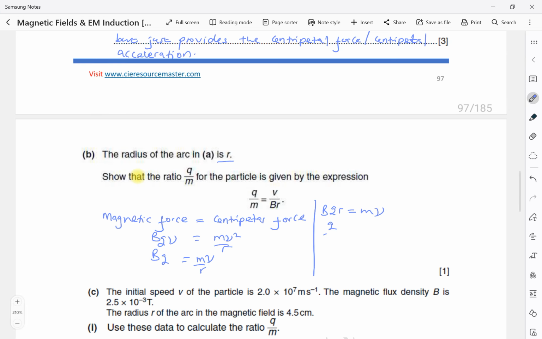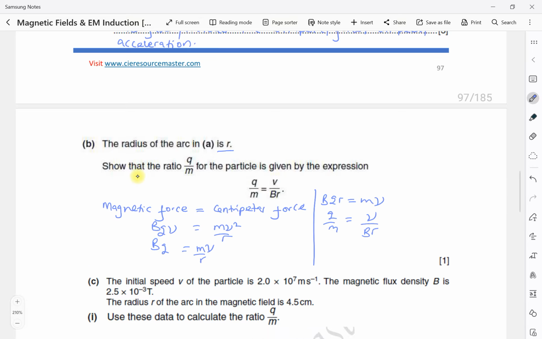So you have that Q over m is equal to V over B times R.